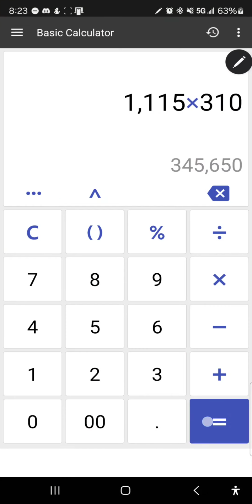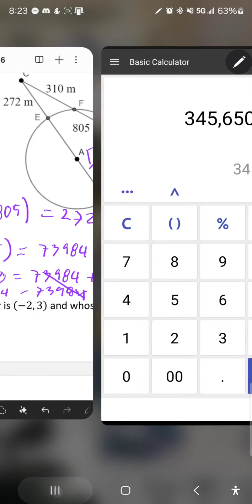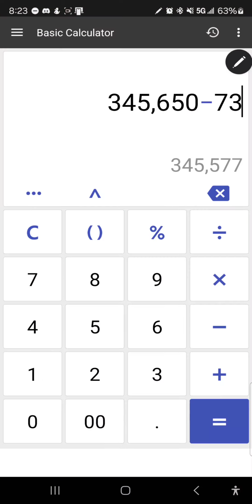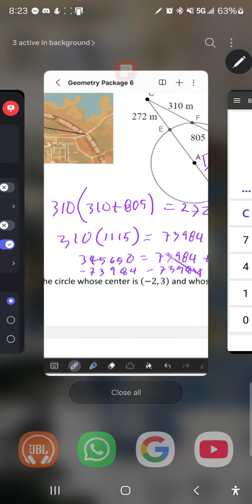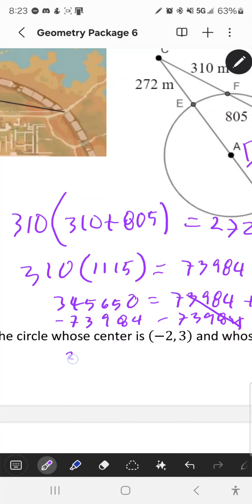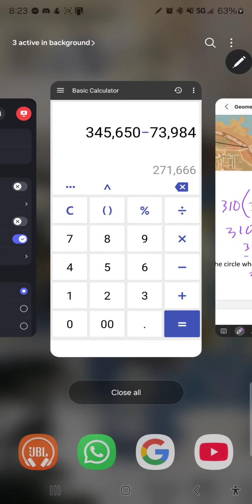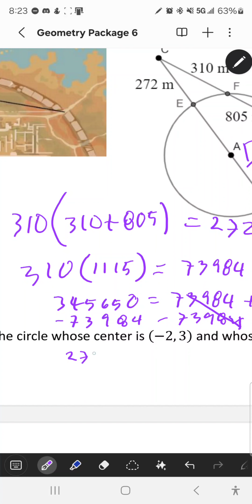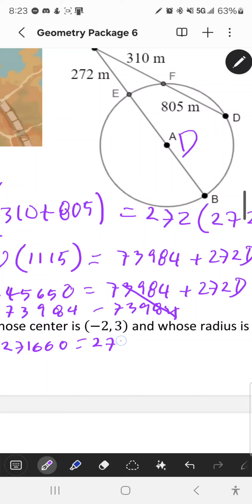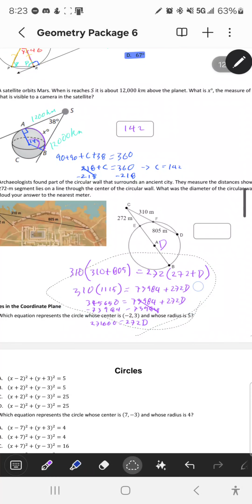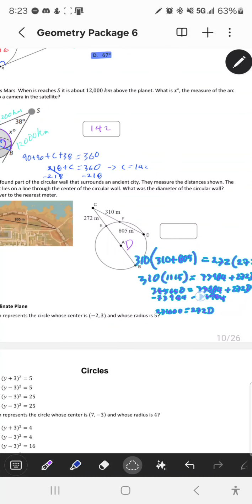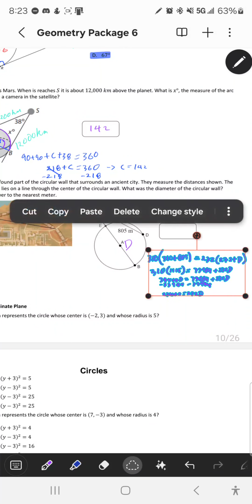So 345650 minus 73984 is 271,666. That's going to be 271,666 equal to 272d. We're going to copy this and put it on the side.